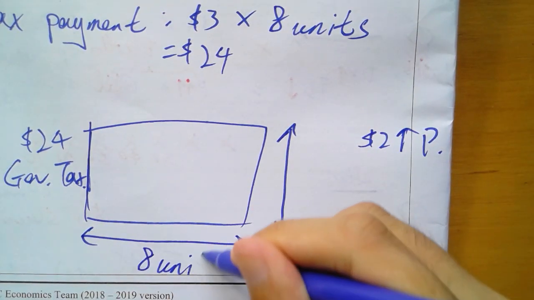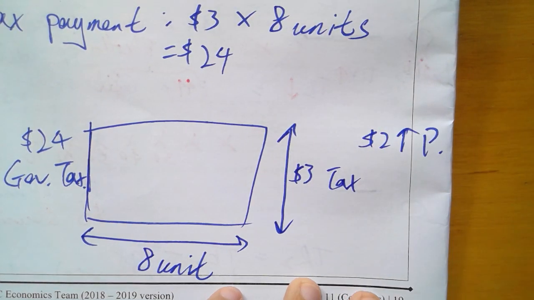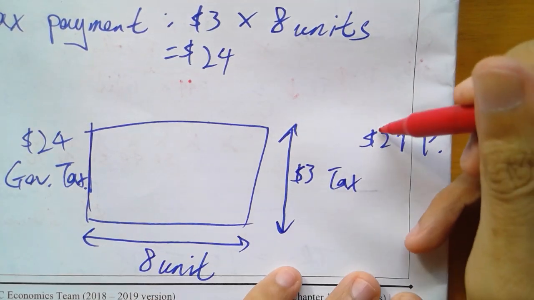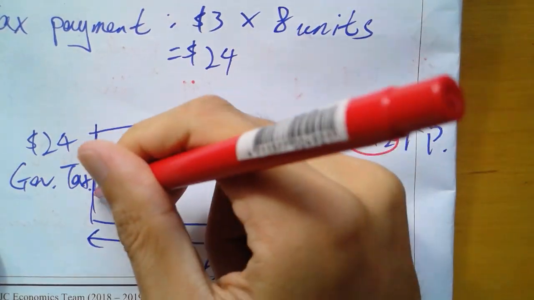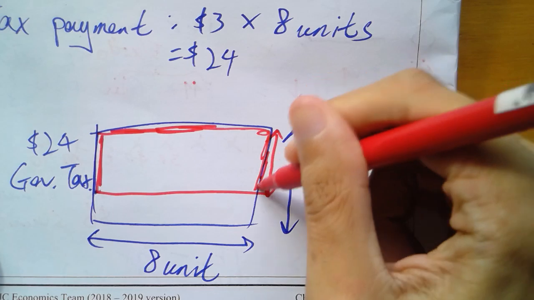Therefore, here remember each unit here. 8 units, $3 tax. In fact, out of the $3, $2 here. $2 times 8 units.